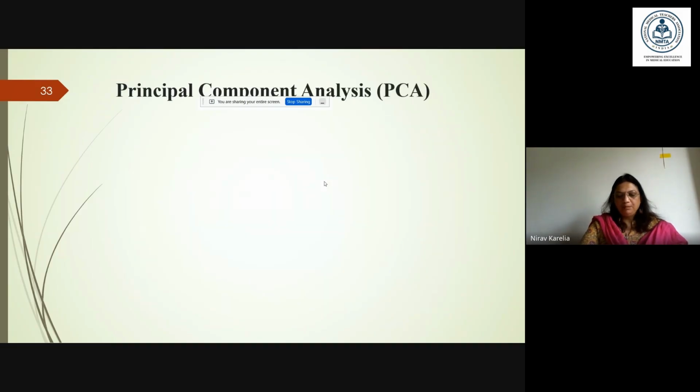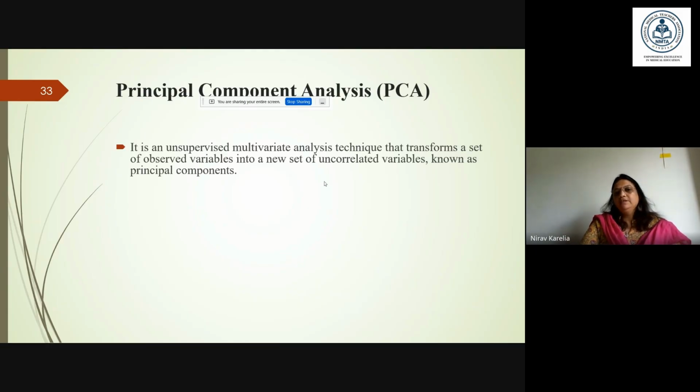Then come to the third one, principal component analysis. It is an unsupervised multivariate analysis technique that transforms a set of variables into a new set of uncorrelated variables known as principal components.